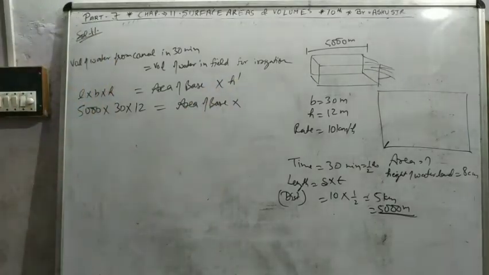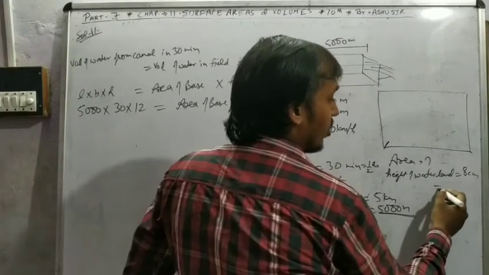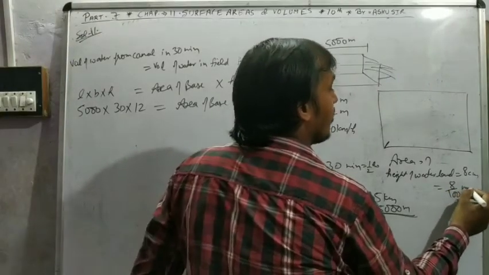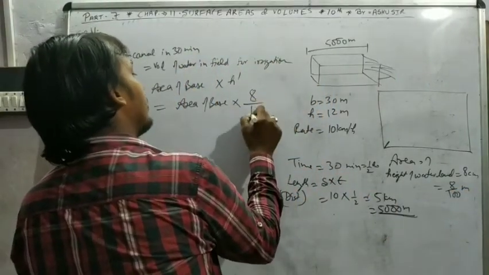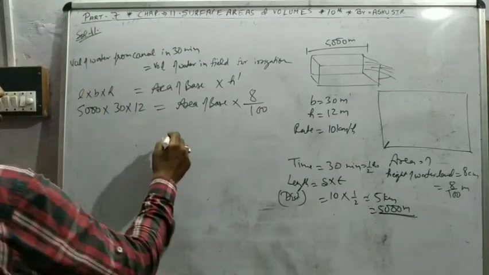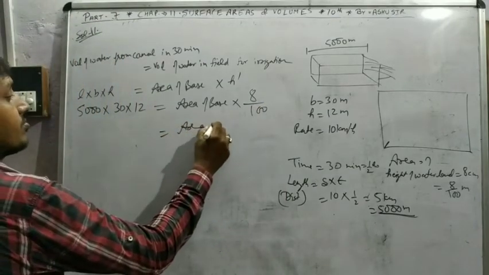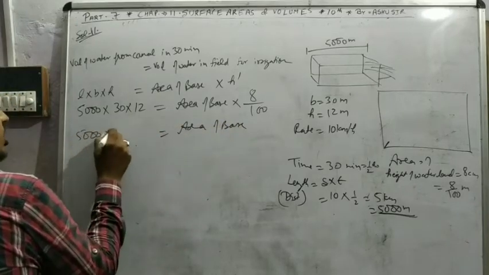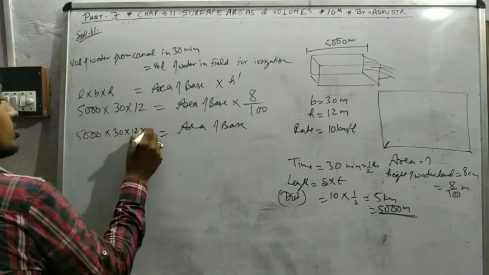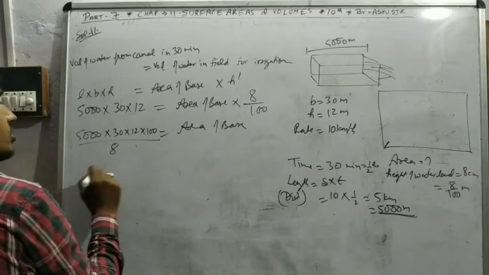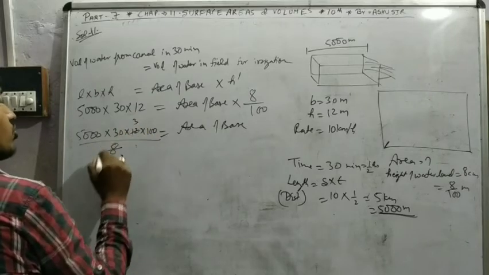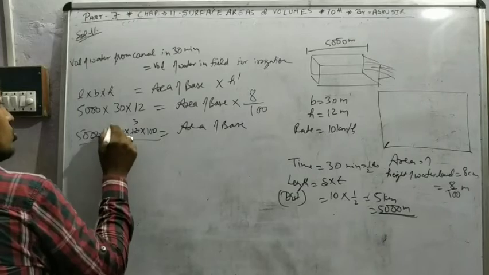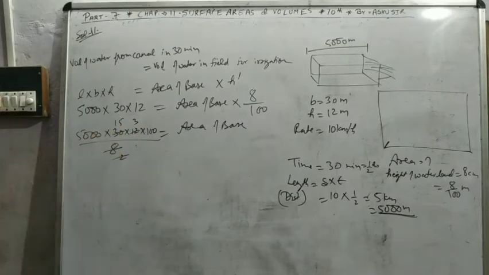Height in centimeter is given, so we can convert 8 by 100 meter. So the area of base is 5,000 into 30 into 12 into 100 by 8.